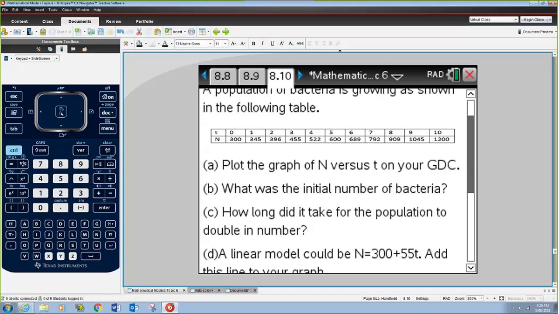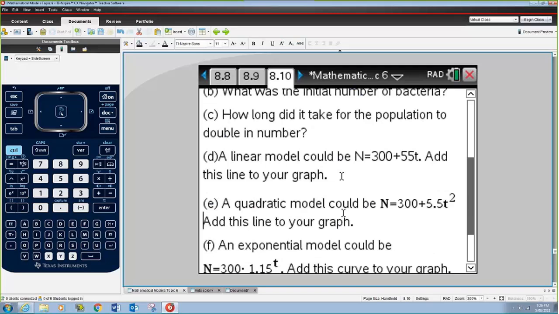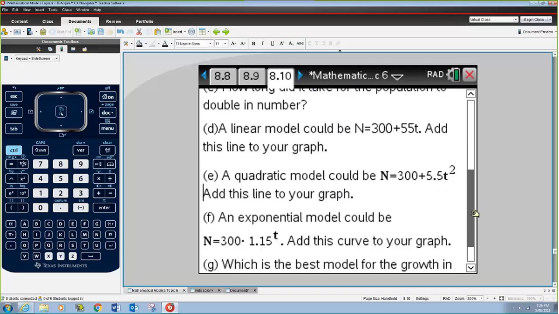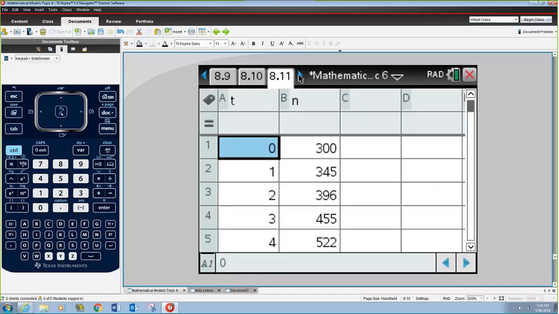They are just from the table: initial 320, doubles. And then we are to fit 3 models, a linear model, a quadratic model, and an exponential model, and answer which is the best. So this is just comparing the models. So I've pre-entered the values for T and N.